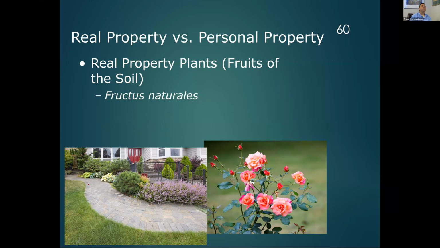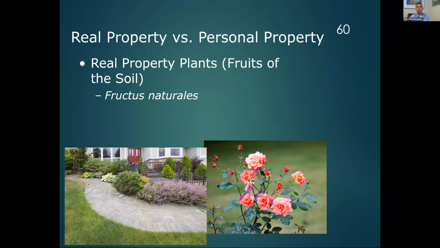Do those plants come back year after year? No. They do not. They have to be replanted every single year. Here's what the law says about those plants. Because they have to be cultivated every single year, they are personal property.